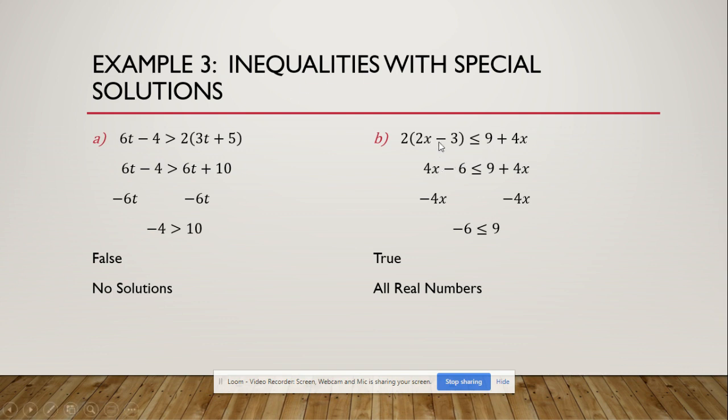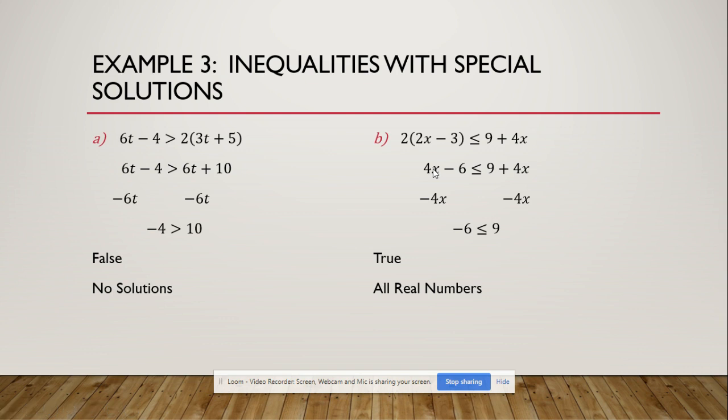Because if you got this 4x and on one side you subtract 6 and on the other side you're adding a 9 to it, the side where you add a 9 is always going to be bigger than the side where you subtract a 6. It doesn't matter what number x was, this is always going to be true.